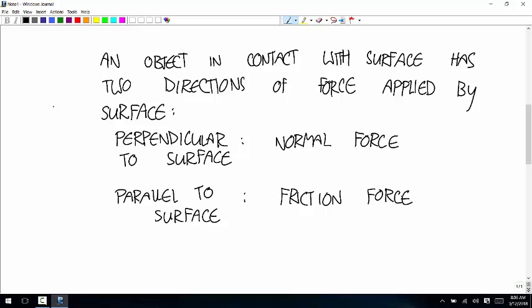And so if a problem ever asks you what's the total contact force applied to an object by the surface, that's the sum of the normal force vector and the friction force vector. Those make up the contact force.